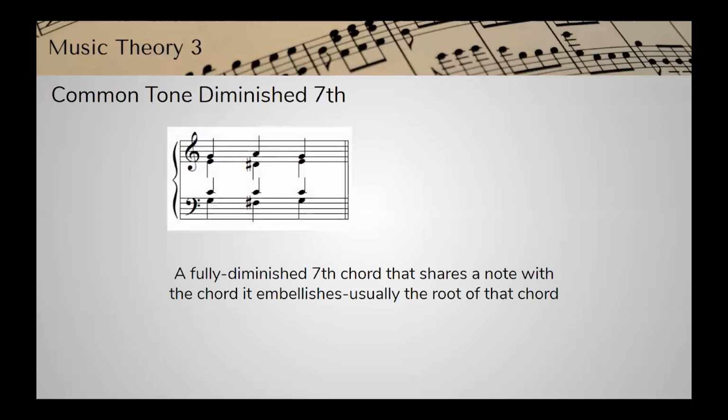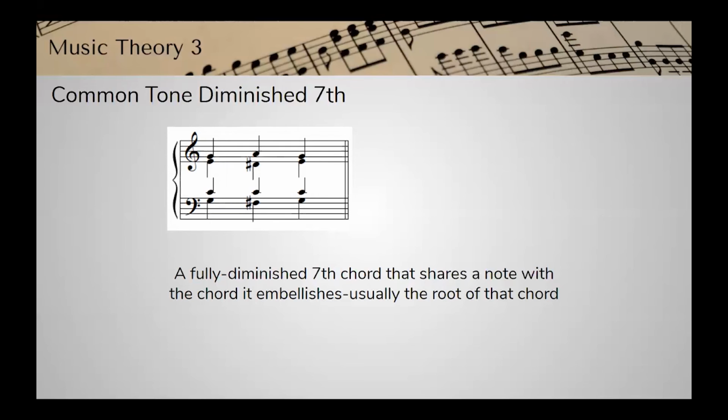So here's an example. This is the key of C major, and you can see that we start with a 1 chord in second inversion, so a 1-6-4 chord. And you'll see that in the middle chord, it has an F sharp, a C, a D sharp, and an A, which is 2 tritones.